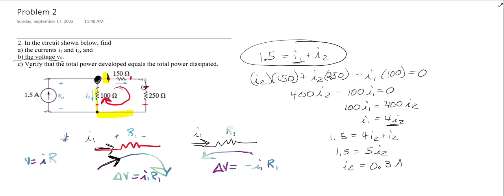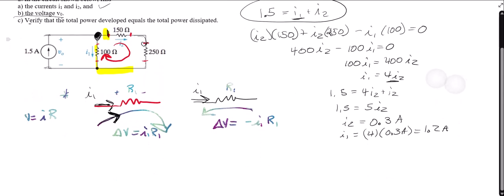So I2 is 0.3 amps. Now I1 is 4 times I2, so I1 is 4 times 0.3 amps, which is 1.2 amps. Okay, so now I have found the currents I1 and I2, so I've done part A.